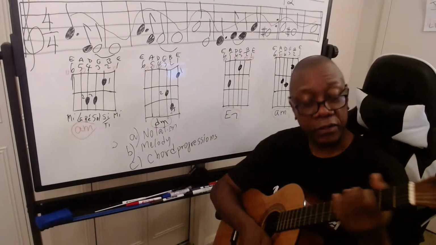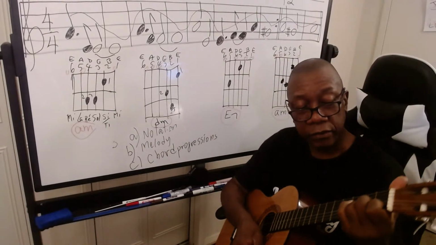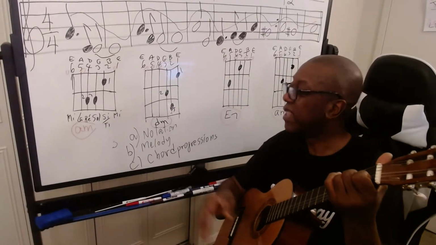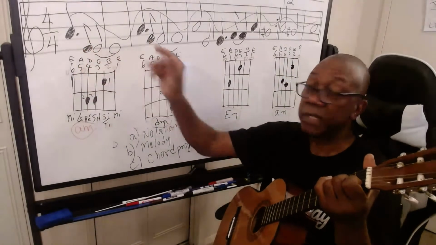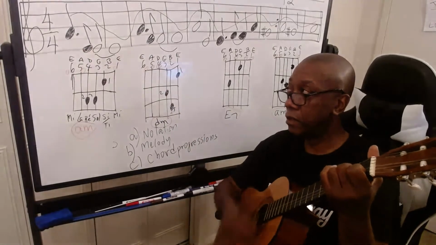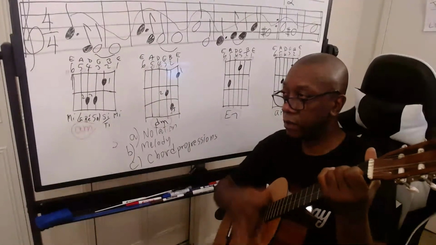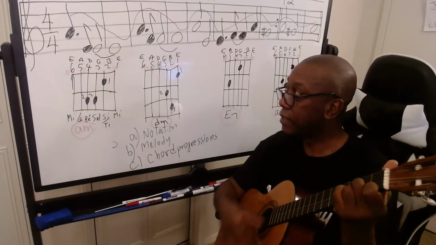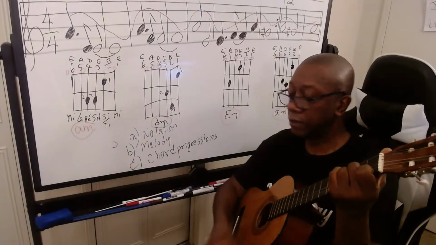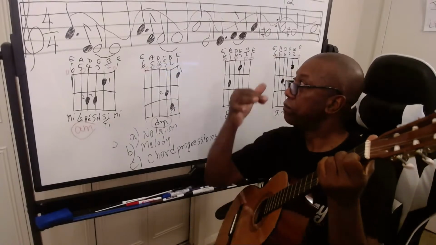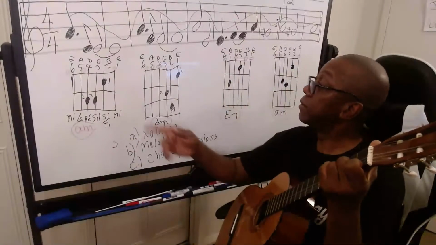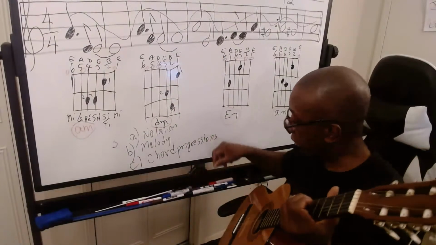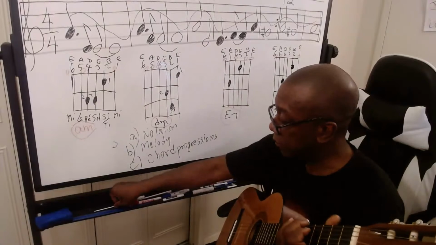Those are the progressions. So we have A minor. So it goes for 8 beats, right? Then it goes next one, and returns to A again. So we're analyzing the piece here.